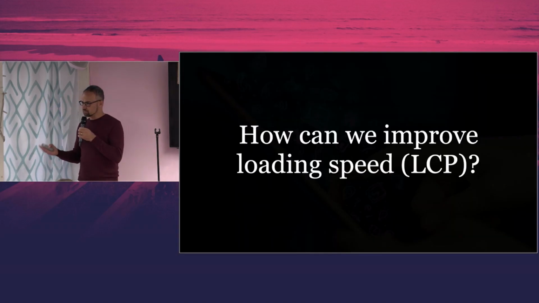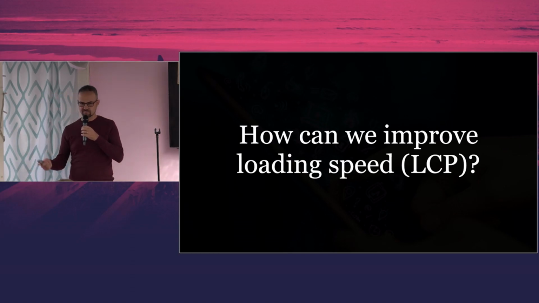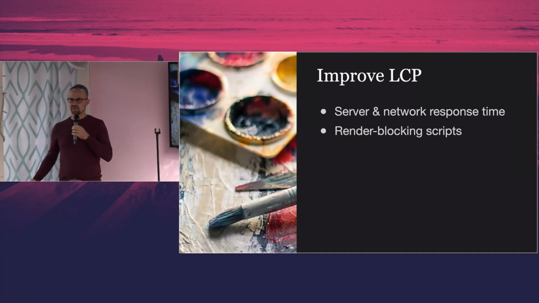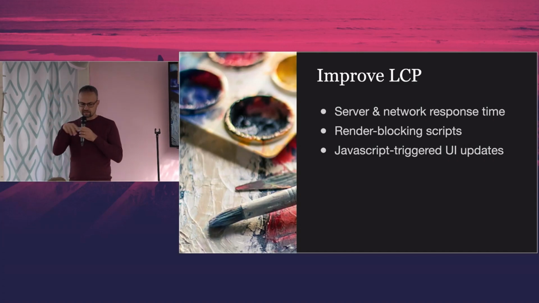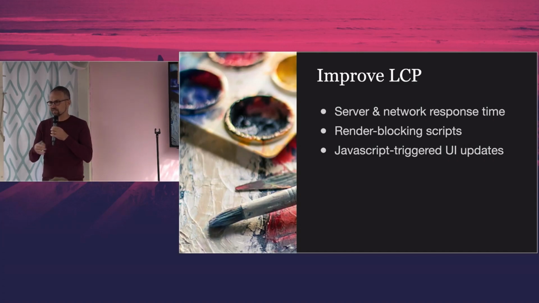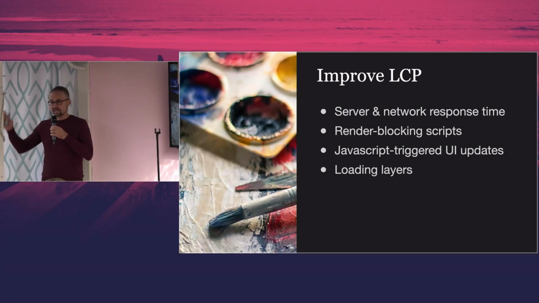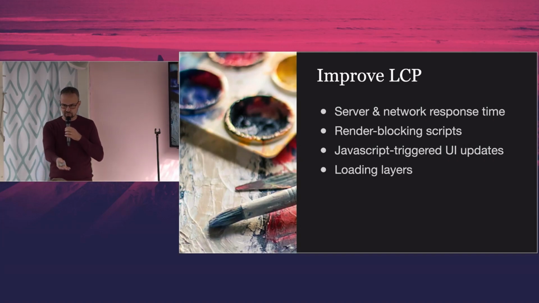So how can we improve the loading speed, also known as LCP, Largest Contentful Paint? We could start by improving the server response time, removing all render blocking scripts, removing all JavaScript triggered UI updates, only the ones that are not triggered by the users, and loading layers that cover everything while it's loading. Remove them, because as soon as you display your content, the better will be your LCP.